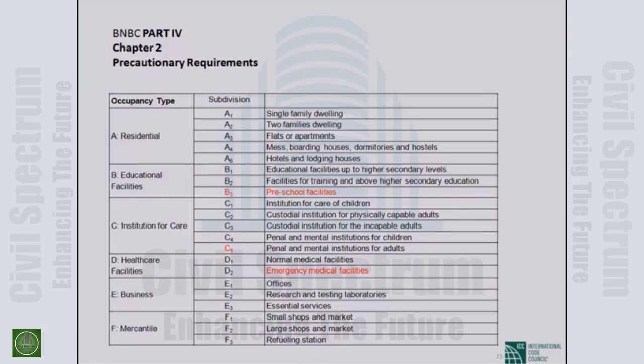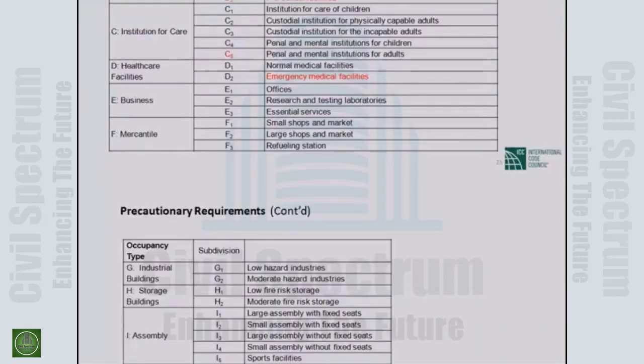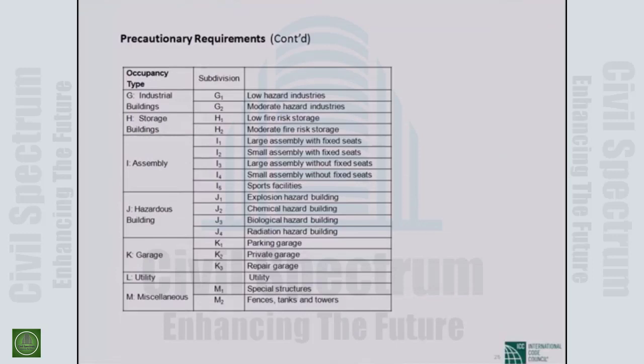The residential, we call it A classification, occupancy A, and the educational is B, the institution is C, health care is D, and business E, mercantile F, and there are some other sub classifications you can see. And there is a G, which is industrial building, then H is the storage, I is the assembly, J is the hazardous building, and garage, utility, and miscellaneous.